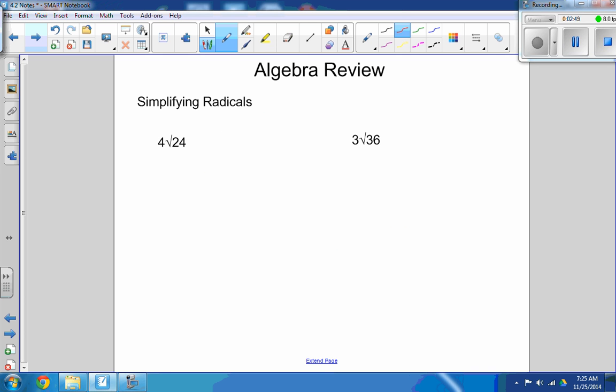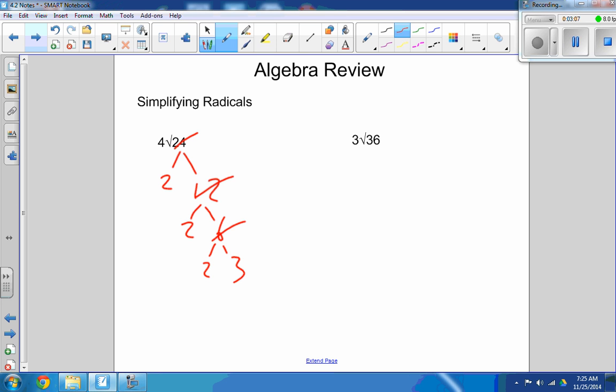All right, so let's look at some more simplifying radicals. So we get 4 square root 24. So let's reduce this square root 24 to 12, to 6, to 3. So I simplified that, simplified that, simplified that.